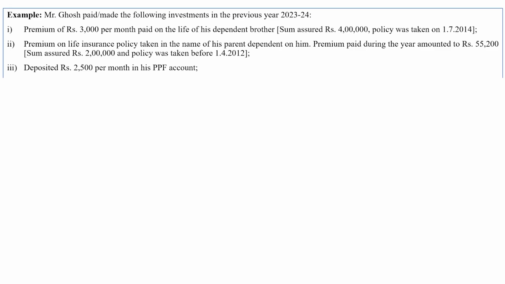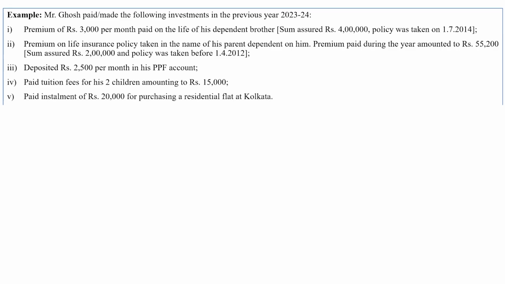It is to come within the total aggregate amount. Payment of tuition fee for 2 children, it is allowed, not exceeding 2, and it is paid 15,000. So it is straightway allowed to be considered in the aggregate amount, 15,000. Then paid rupees 20,000 for purchasing a residential flat in Kolkata, it is also allowed as deduction in the total aggregate amount.